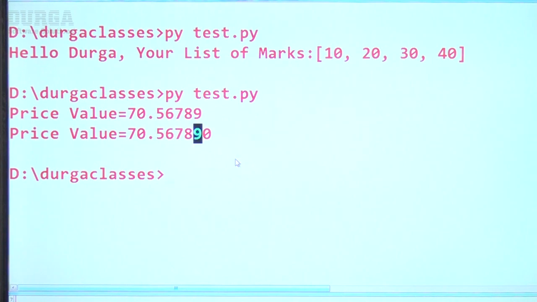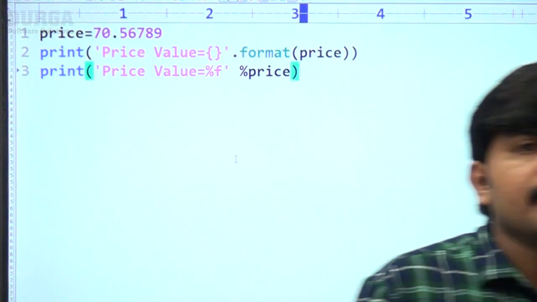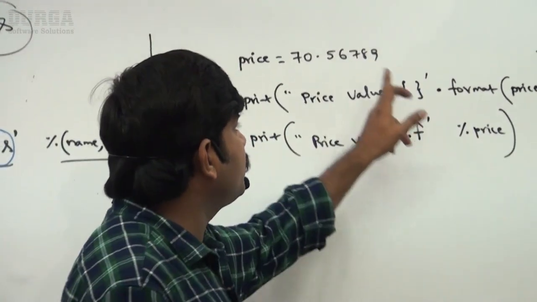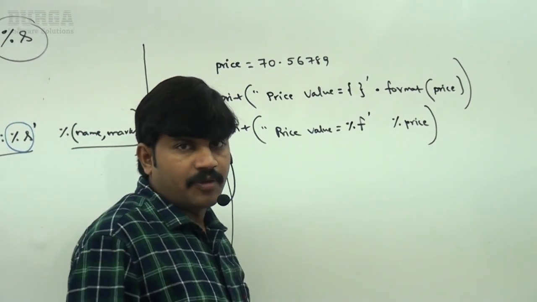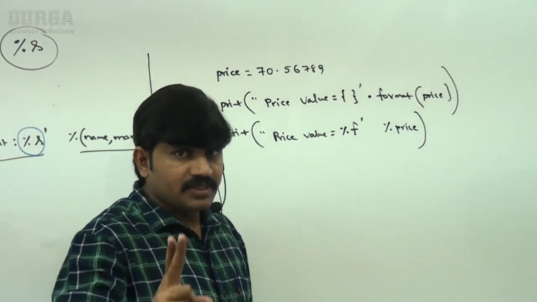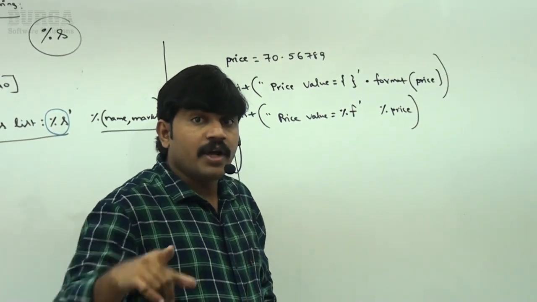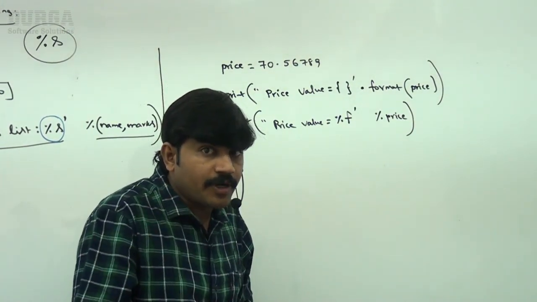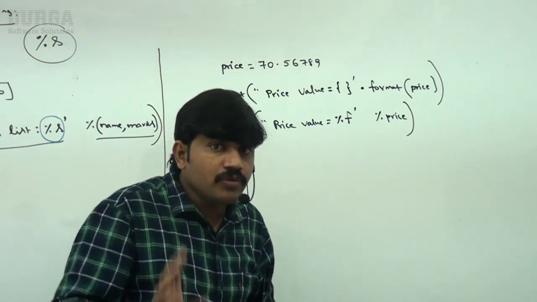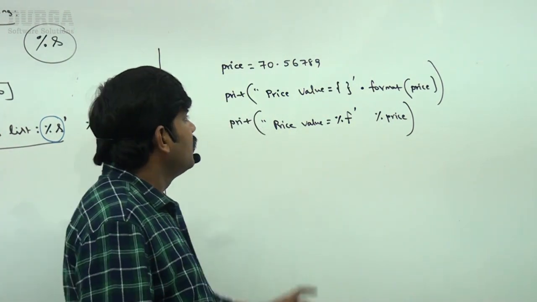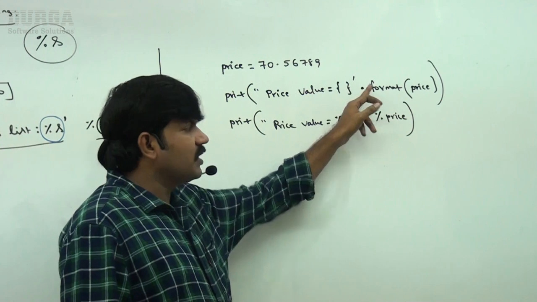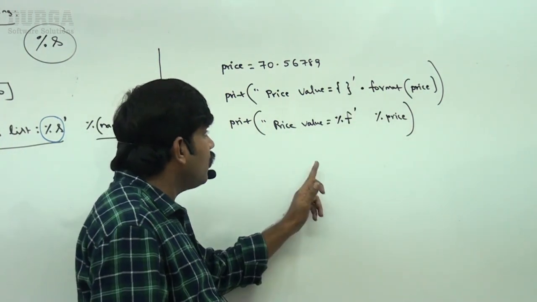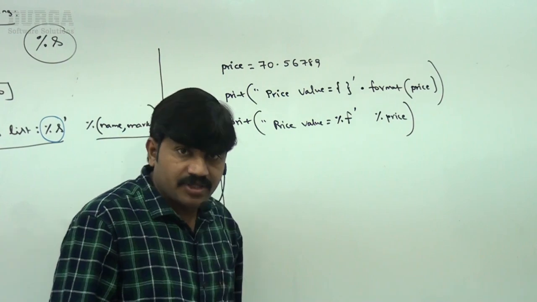Now the biggest advantage we are going to get is, sir, I don't want this many digits after the decimal point. I want only 2 digits after the decimal point. While printing, I want a particular format. After the decimal point, only 2 digits are allowed. Can you please confirm? Can I do that by using the replacement operator? Sorry man, but the same thing we can do with the formatted string, remember.